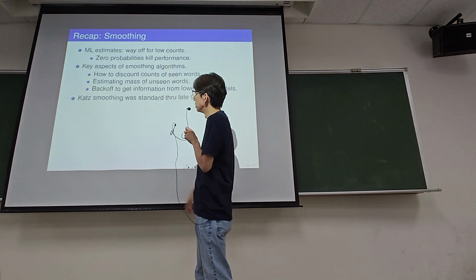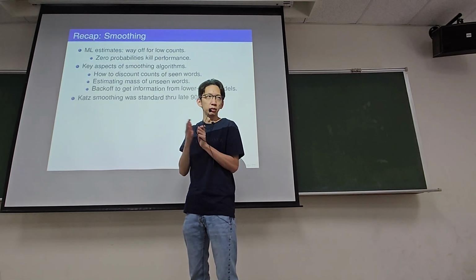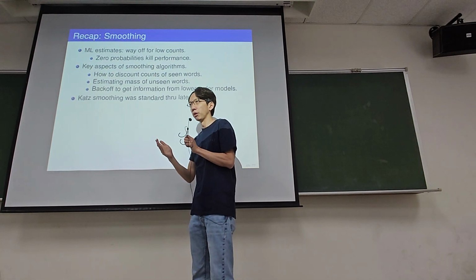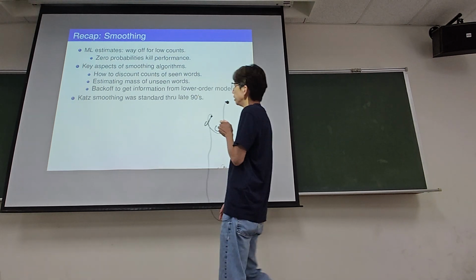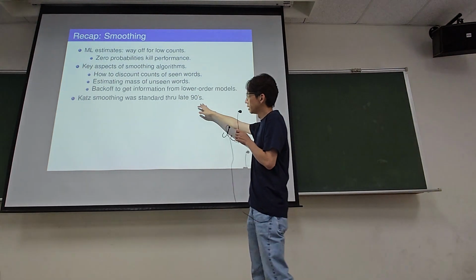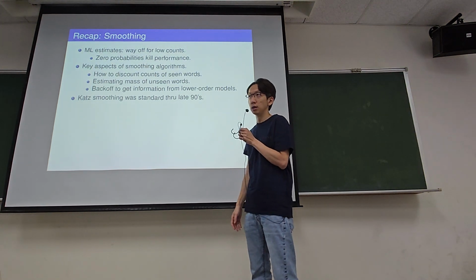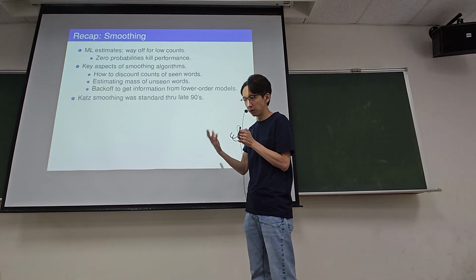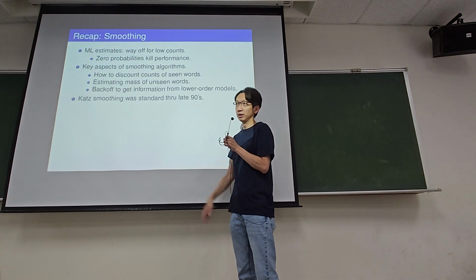So we can estimate a maximum likelihood probability. Last one is when we have this Markov order model: trigram can back off to bigram, bigram can back off to unigram, unigram then backs off to a complete estimate of unseen words. Like they say here, Katz smoothing was really standard in academic literature and research, even till the late 90s.